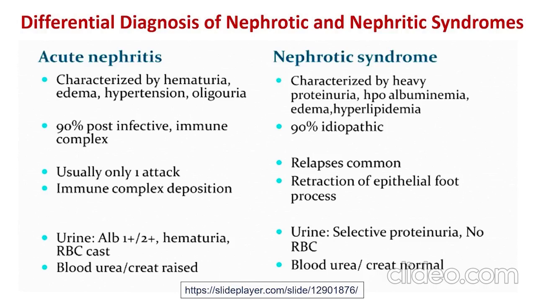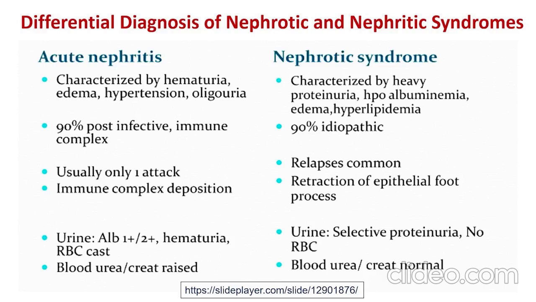Acute nephritis usually has only one attack, whereas in nephrotic syndrome relapse is common. Immune complex deposition is typical for acute nephritis, and nephrotic syndrome is accompanied by retraction of epithelial foot processes. In urine analysis in acute nephritis, albumin level is increased, hematuria is very typical, and RBC casts are present. In blood, urea and creatinine are raised.